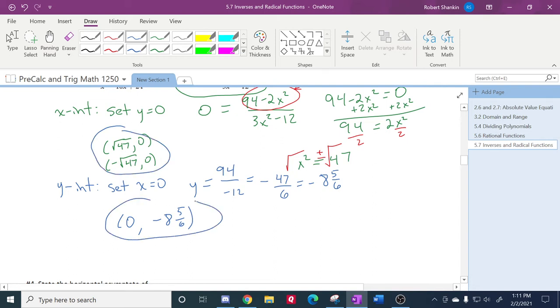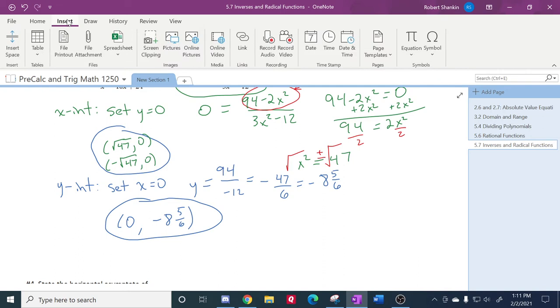Yes. I do have another one, and is that okay? Yes. It's number 27, and it's about local behavior and end behavior on one of the fractions. 27. Describe the local and end behavior.